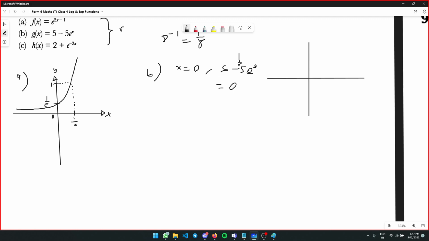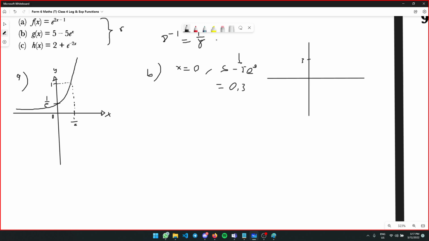Let's say this is a 2. So when x equals 0, this becomes 1, so it will become 5 minus 2, which is 3. Then your y-intercept will be 3.